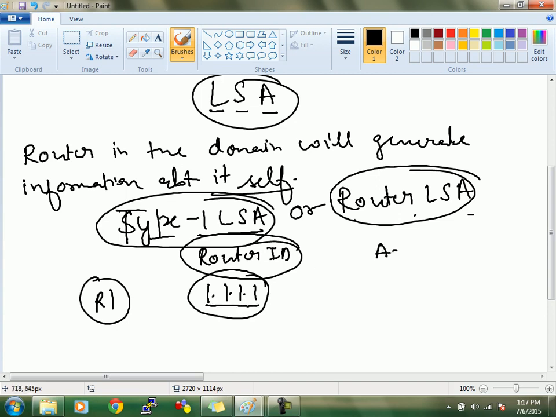Who will advertise this LSA? This router will advertise this LSA. For advertising this LSA, this router will again use its router ID.